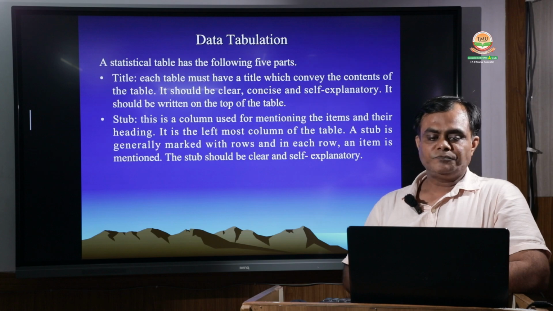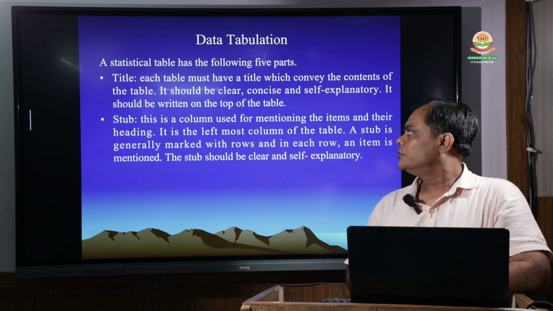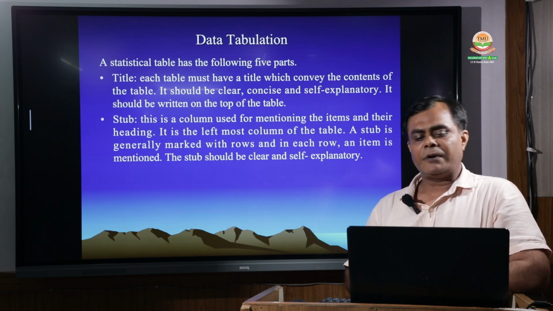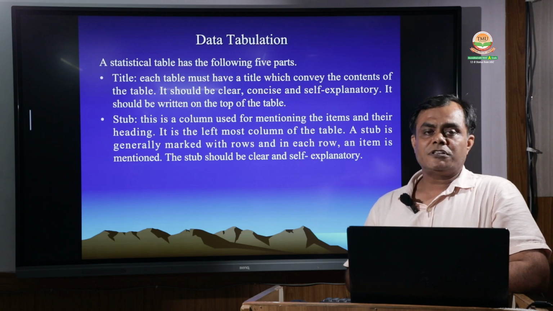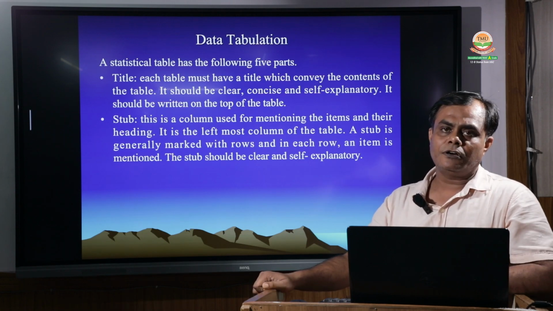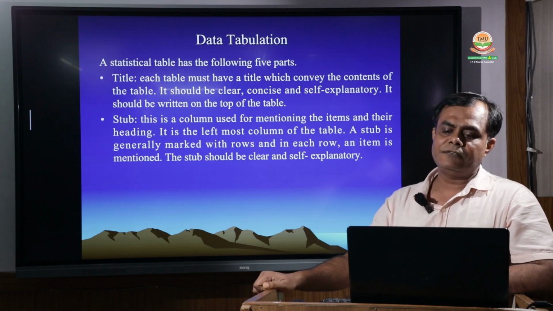So tables. A statistical table has the following five parts. When we are drawing a statistical table, the table has at least five parts. The first part is the title of the table, and that title is placed on the top of the table, and it should be clear, concise and self-explanatory.